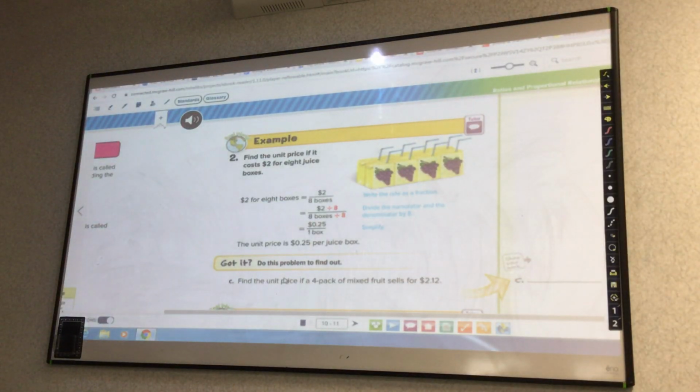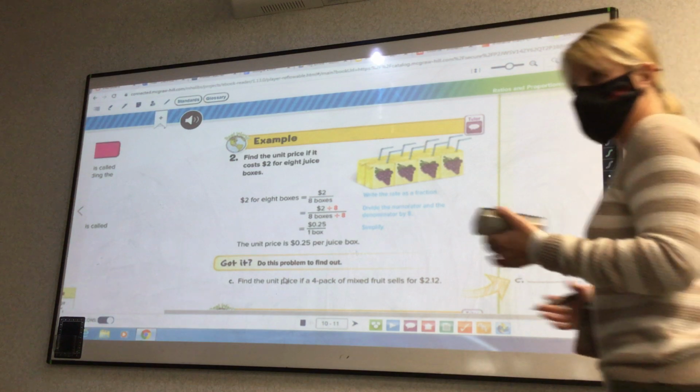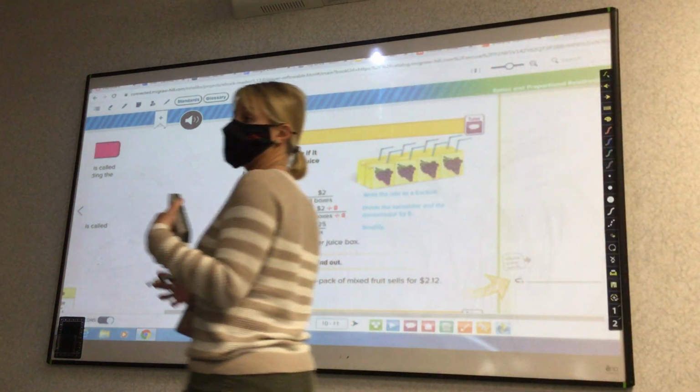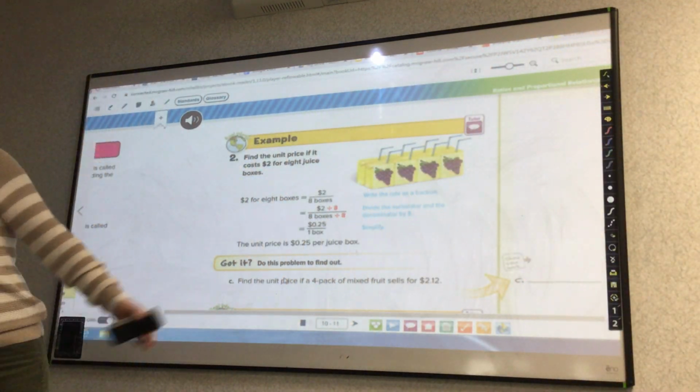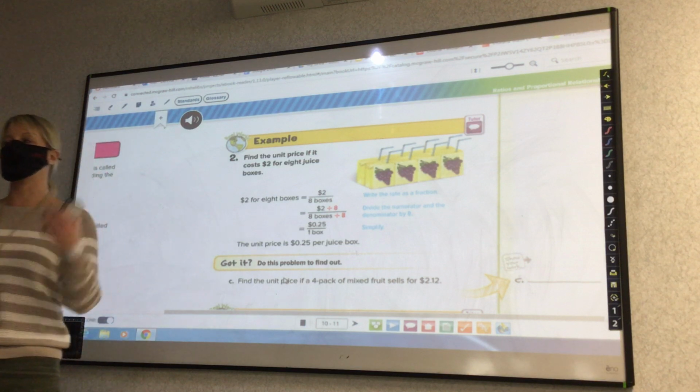So in all the things that we do, what goes on top? The numbers. The dollars, right? It's always cost per something: cost per pound, cost per ounce, cost per item, cost per gallon. It doesn't matter. It's always cost first.